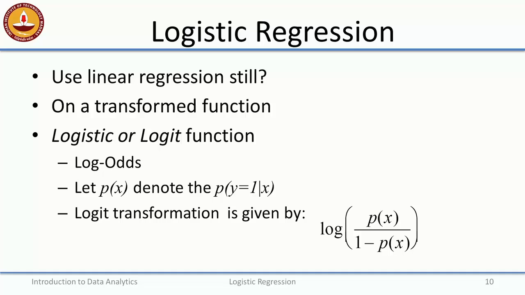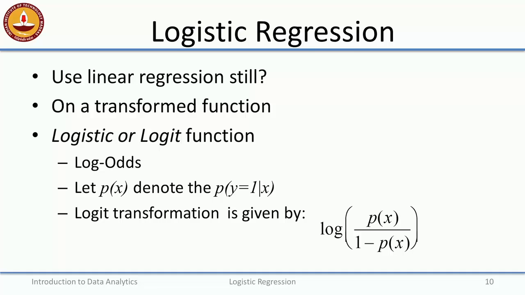If you think about a binary problem, p of x is the probability of the output being 1, and 1 minus p of x is the probability of the output being 0. So, essentially you are taking this ratio of the probability of success to the probability of failure. This is known as the odds, and so this is sometimes known as the log odds function.